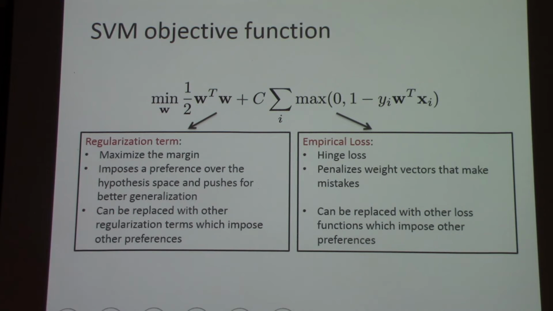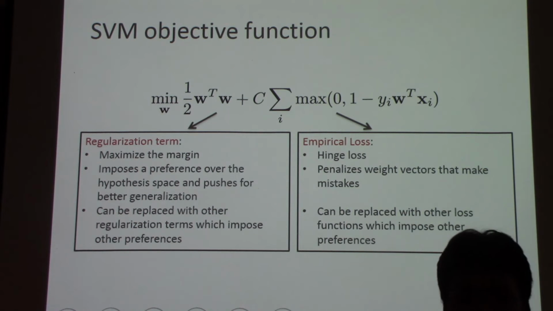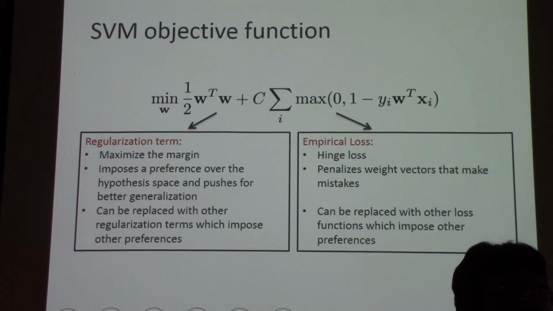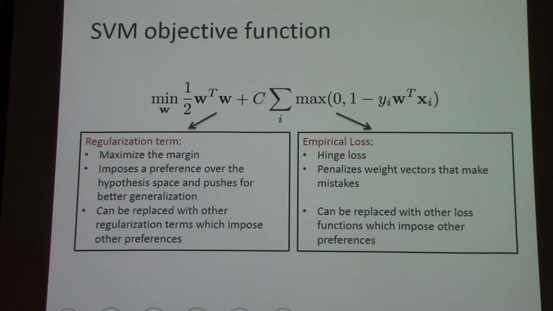So there are these two terms, the regularizer and the empirical loss, and it turns out these two terms are at odds with each other. The empirical loss prefers functions that explain the training set, prefers classifiers that overfit. The regularizer makes classifiers less expressive and hence intuitively prefers classifiers that underfit.